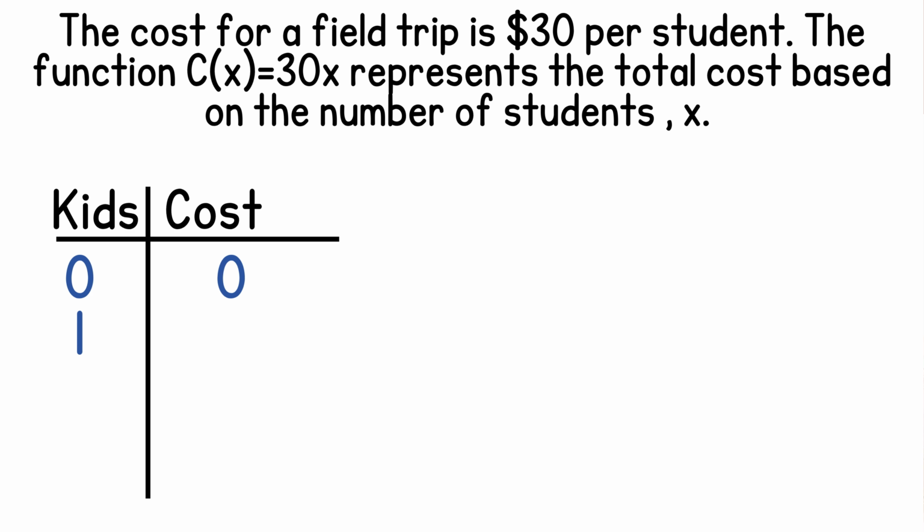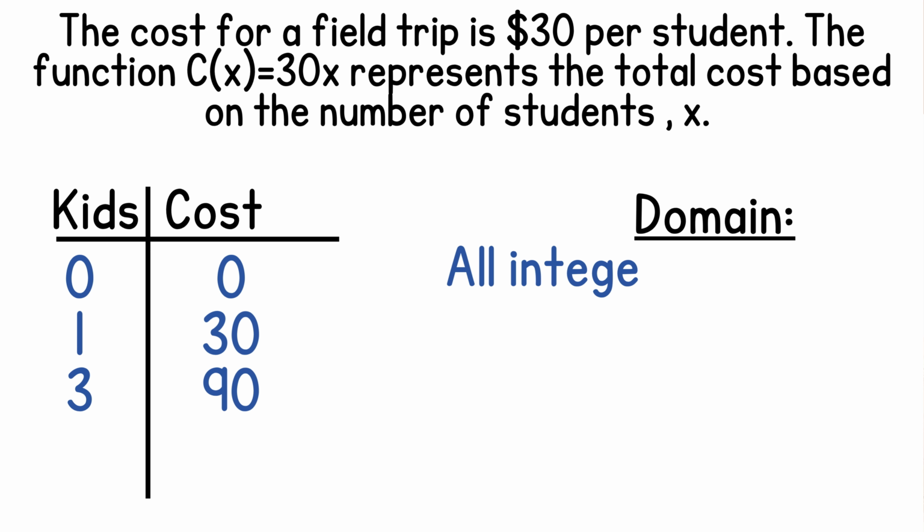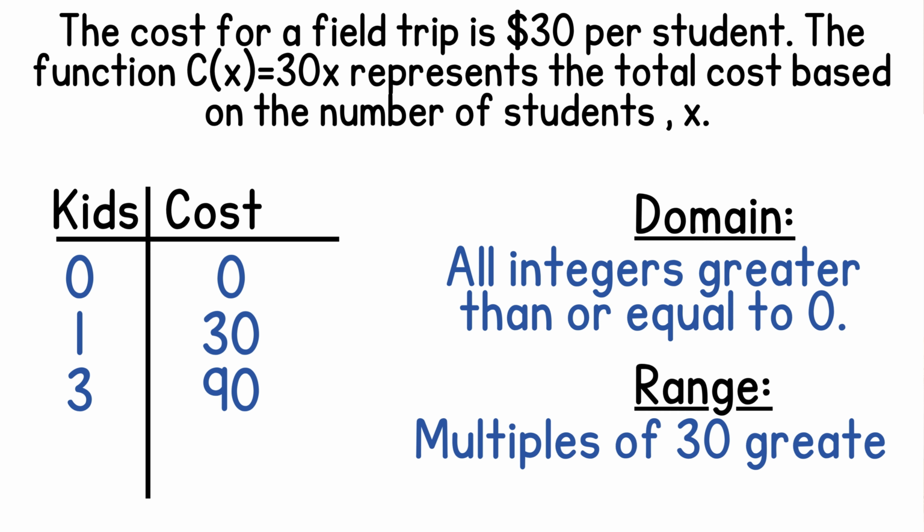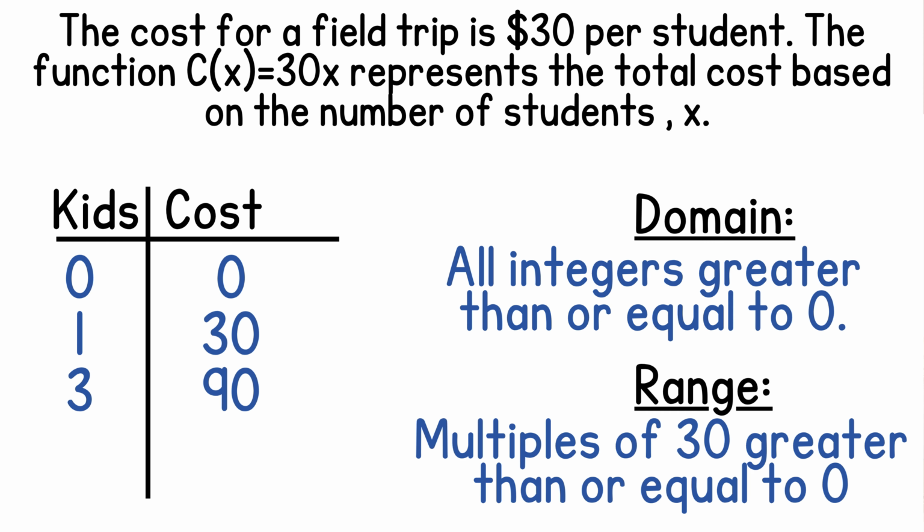If 1 kid goes, then it would cost $30. And if 3 kids go, then that would cost $90. So our domain is all integers greater than or equal to 0, because we can have 0 kids go, and we have to use integers because we can't have fraction or decimal versions of kids. And our range will be multiples of 30 greater than or equal to 0.